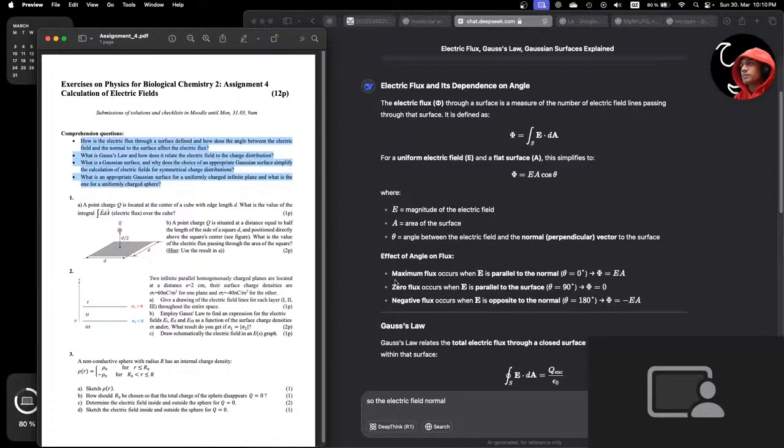Okay, so if you need maximum flux, it should be parallel to the normal.